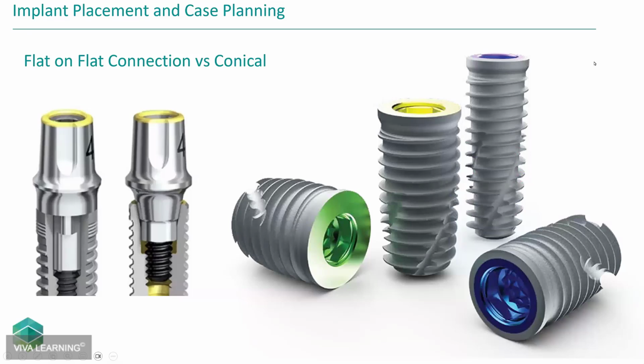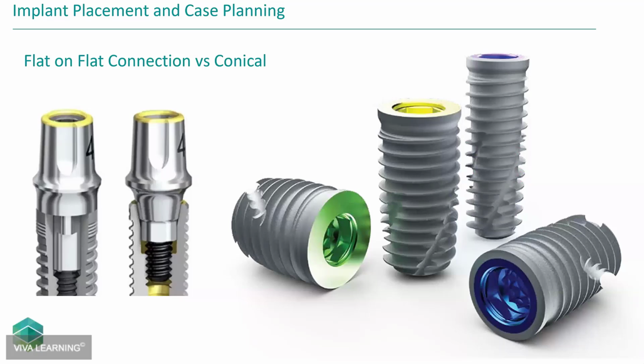Initially, we saw a lot of flat on flat connections like you see on the left side of the screen, where the components meet the implant on a flat to flat connection with an internal retention portion. Largely, they have moved more towards what's called a conical connection, which you see on the right side of the screen, where the connection is built more into the internal of the implant and the screw chamber is a little bit lower and it forms a little bit more of a seal.